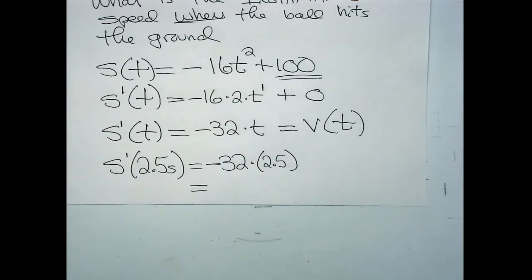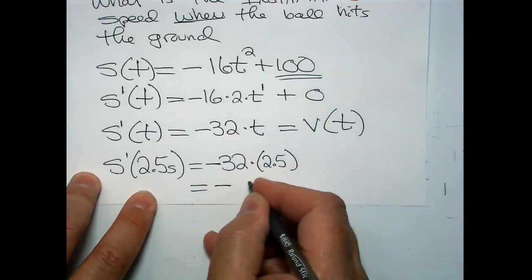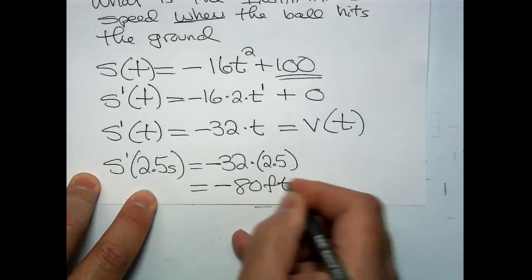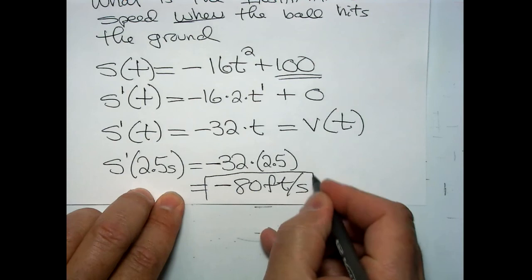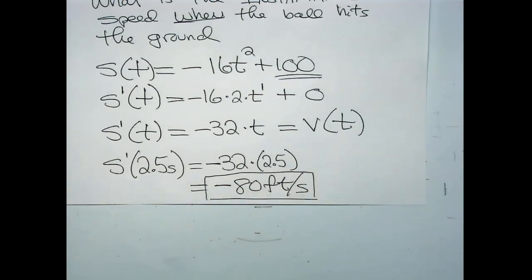And let's see what we get here. So 32 times 2.5. So at the very instant that this hits the ground, the ball is traveling at 80 feet per second down.